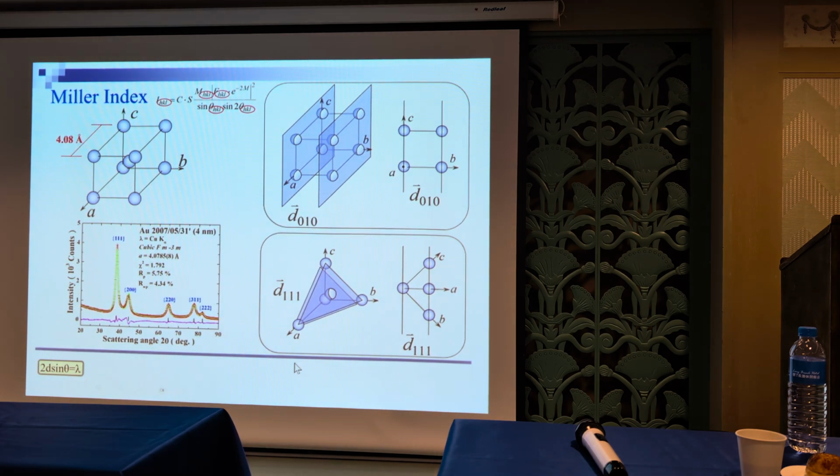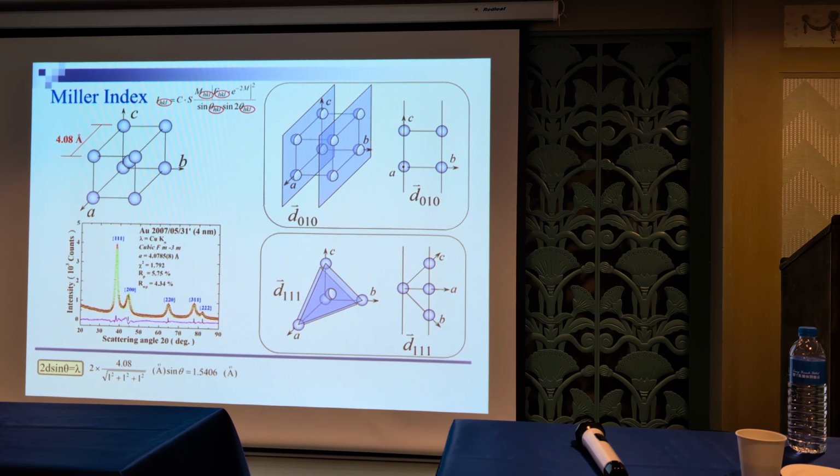Shown here is the basic idea of how to calculate 2 theta from the Miller index. We start from Bragg's law. If you have the Miller index, you insert it into the equation for the plane distance.